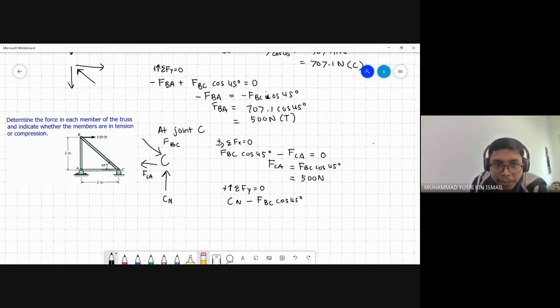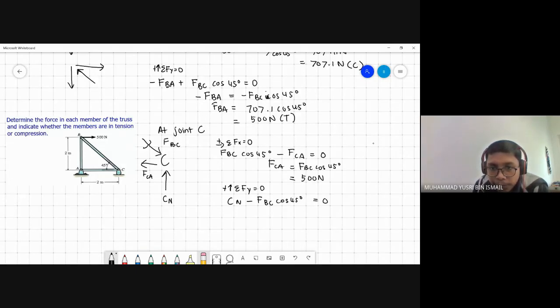Okay, basically I take this one for X direction, and then I take this one for Y direction. So both will show a similar answer. FBC cos 45 degree. What else? Cn, FBC. Okay, that's all.